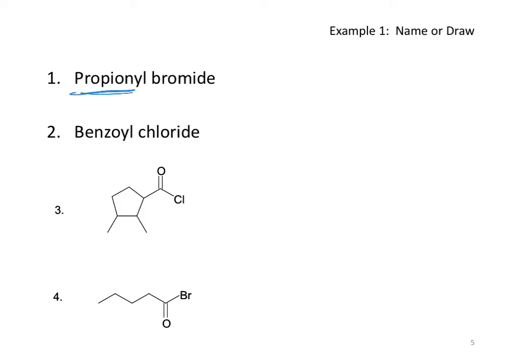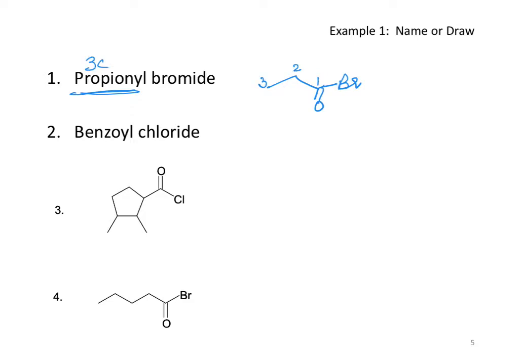So propionyl comes from propionic acid. Prop means 3 carbons. So that's what you should have. That's the propionic acid. We want to generate the acid halide out of it. So the CH3CO part remains the same. But since it's a bromide, I'm going to say it's a COBr. 1, 2, 3. That is the propionyl part.